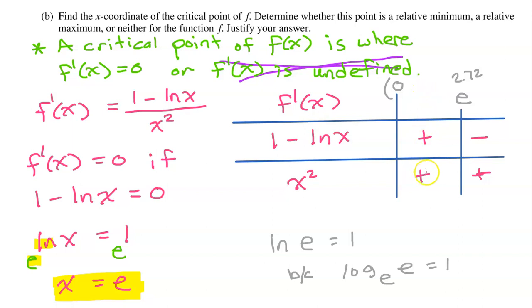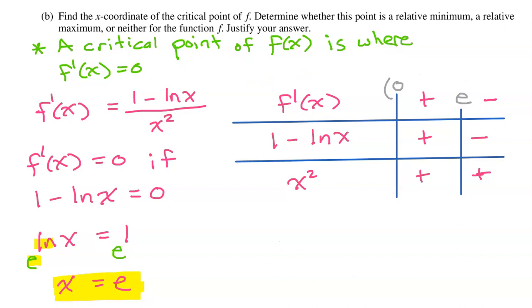In this first interval, we have a positive divided by a positive, so that's a positive. In the second interval, it's a negative divided by a positive, so that is a negative. What we are doing here with the sign chart is called the first derivative test, and we can use it to figure out whether or not this critical number is at a relative minimum or a relative maximum.